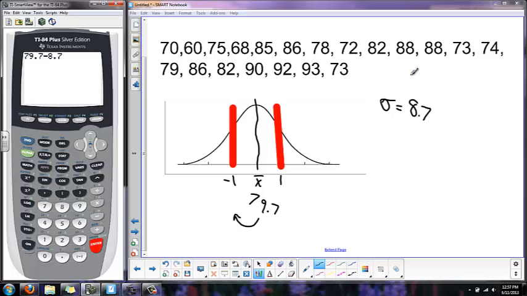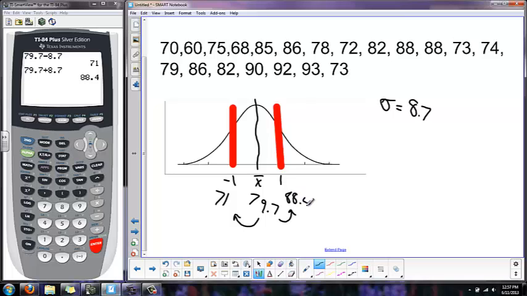Subtract 8.7. So apparently over here at the -1 standard deviation, that's a score of a 71. Now I also need to figure out what it is in the positive direction as well. So 79.7 plus 8.7 instead. And that gives me an 88.4.